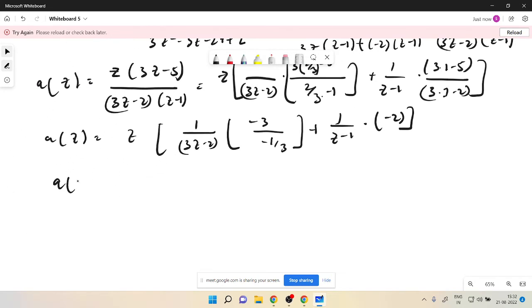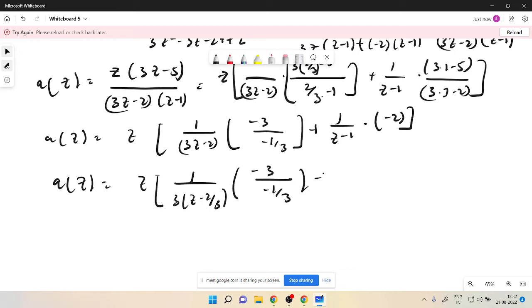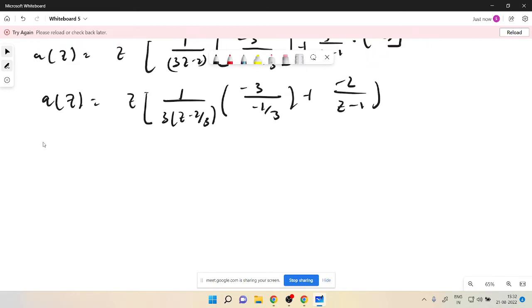So A of z equals z into 1 by 3 times z minus 2 by 3 minus 3 minus 1 by 3 plus minus 2 by z minus 1, which is equal to z into 3 by z minus 2 by 3 minus 2 by z minus 1.